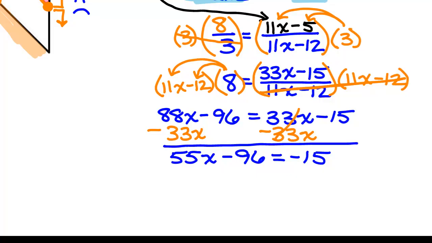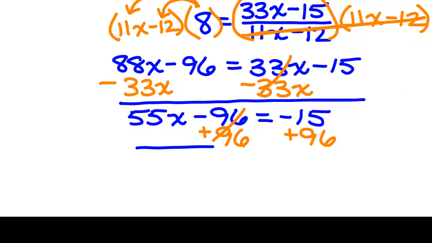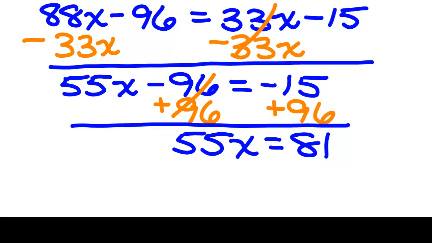Add 96 to both sides, yes. What is negative 15 plus 96? 81. So 55x equals 81. Then we divide both sides by 55.